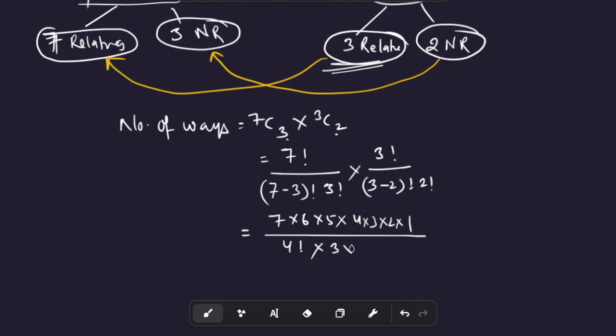3 factorial is 3, 2, 1. The 3 factorial can also be expanded as 3, 2, 1. 3 minus 2 is 1 factorial. 2 factorial can be expanded as 2 times 1.